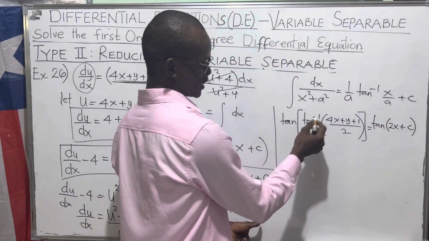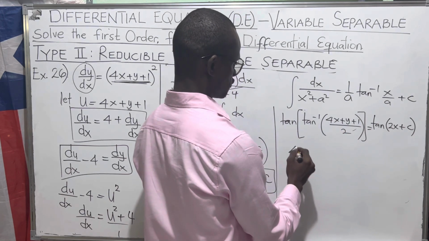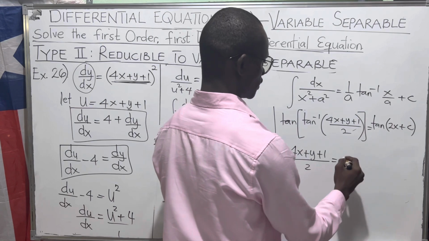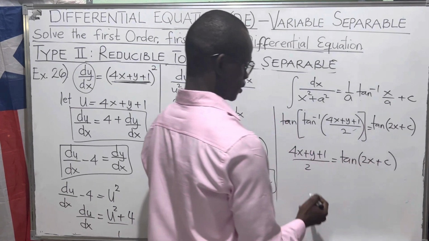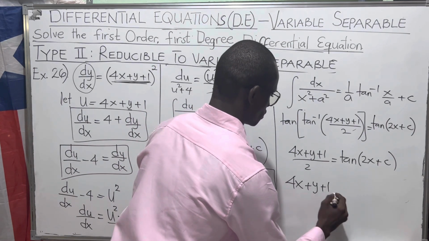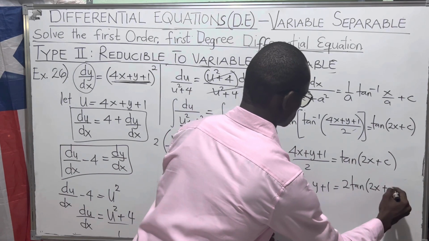So tangent inverse of this expression is just equal to this expression, which is 4x plus y plus 1 over 2 is equal to tangent of 2x plus c. So we can just cross multiply, and we have 4x plus y plus 1 is equal to 2 tangent of 2x plus c.